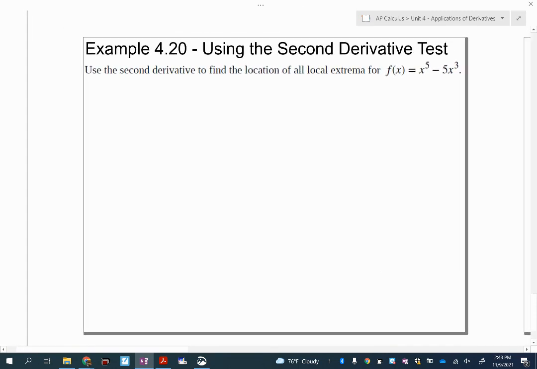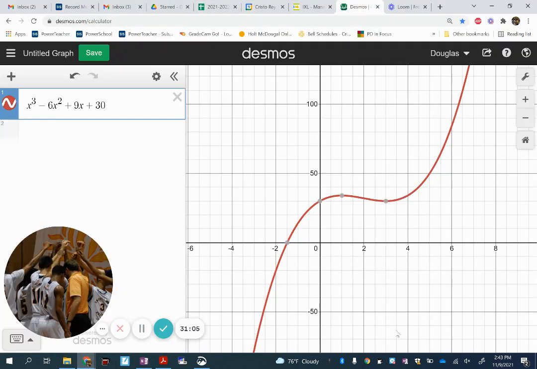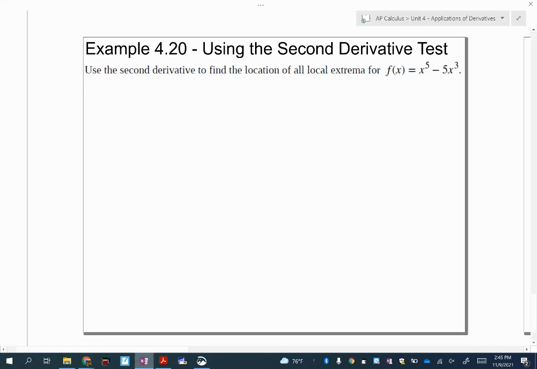Okay, so let's find the second derivative to look at the local extrema for this problem. The first thing we need in order to use the second derivative test are the critical points of this function. So we're going to find the derivative of f of x, which is d/dx of x to the fifth power minus 5x cubed.